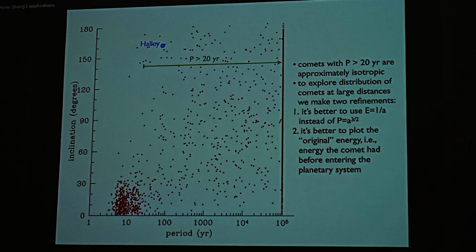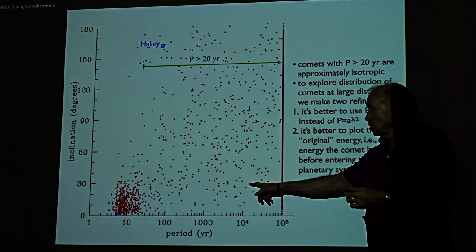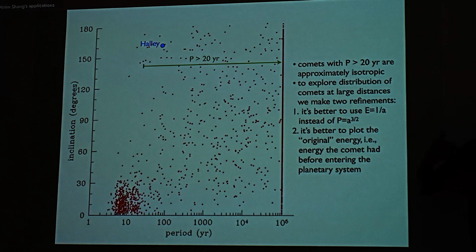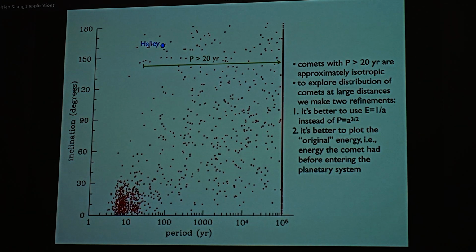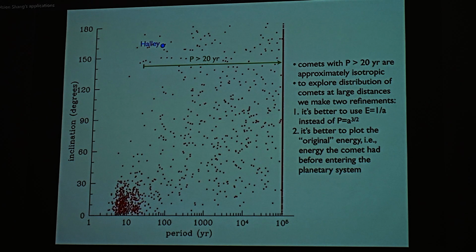And if you're going to investigate where the comet reservoir is, and it's outside the planetary system, you're better off using the energy that the comets had before they entered the planetary system. So all that means is that for each of these comets, you do a numerical integration of the orbit backwards, carry it past all the giant planets, past Neptune out to 50 astronomical units or so, and then calculate the energy at that point.